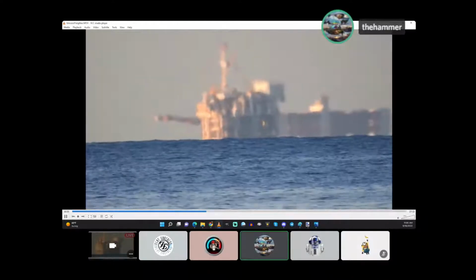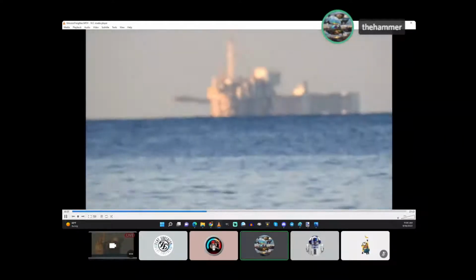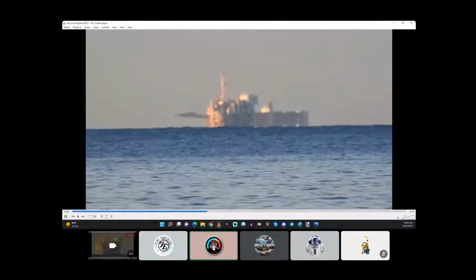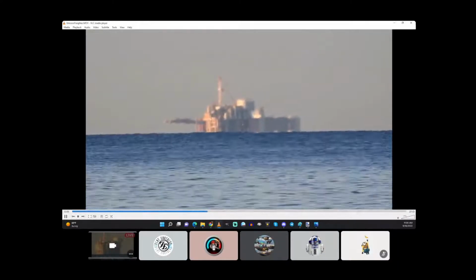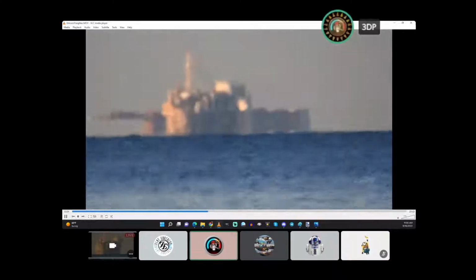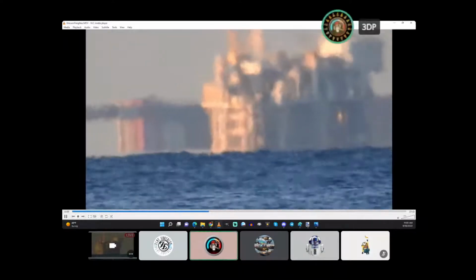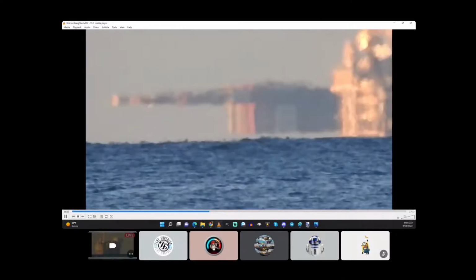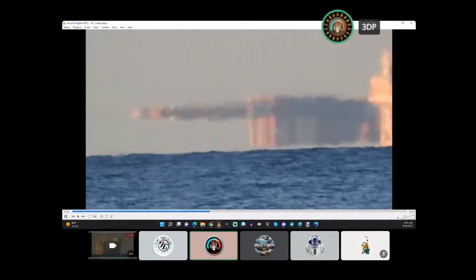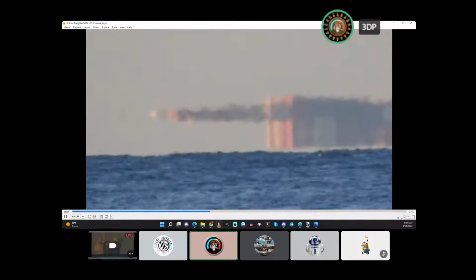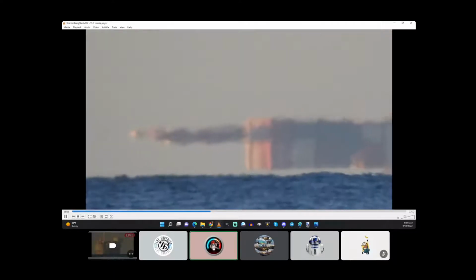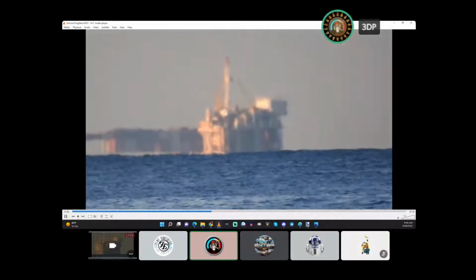The thing looks freaking huge compared to the platform, though. Half of it's missing as well, no? What's that out in front of it? What on earth is going on with that, Travis?